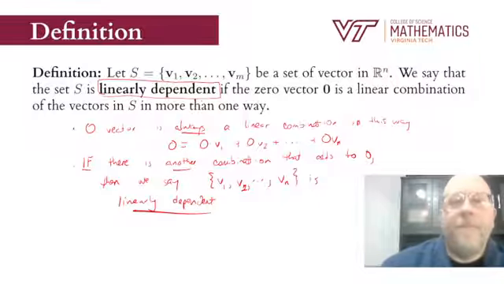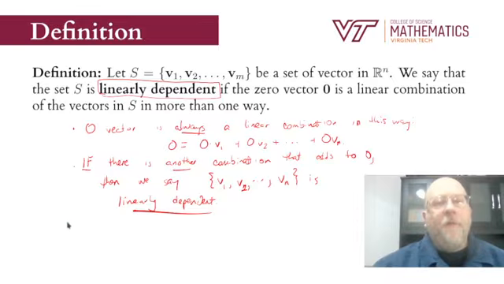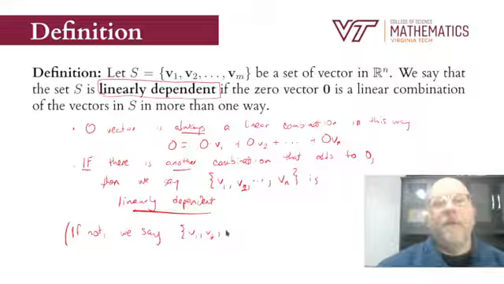And vice versa, if not, we say that the set v1 through vn is linearly independent.